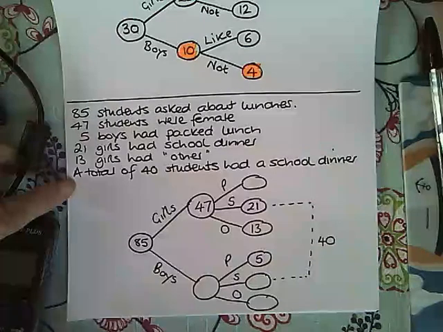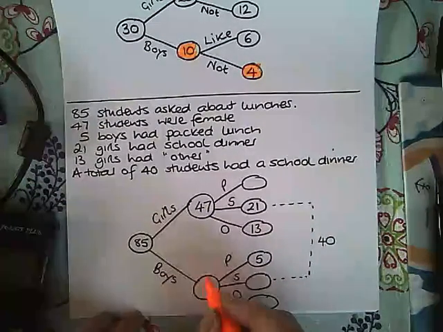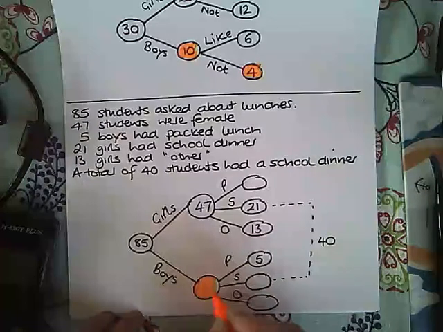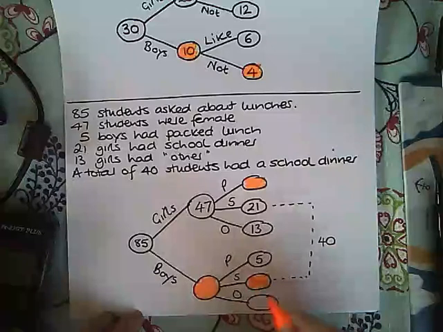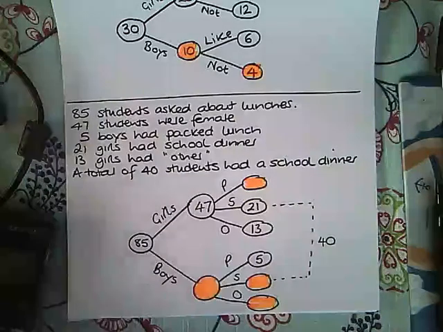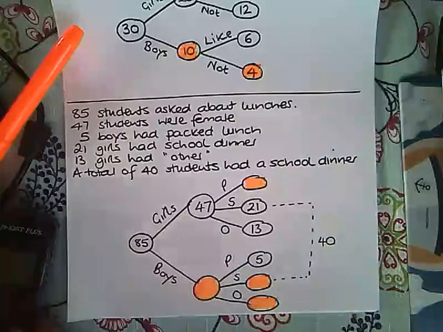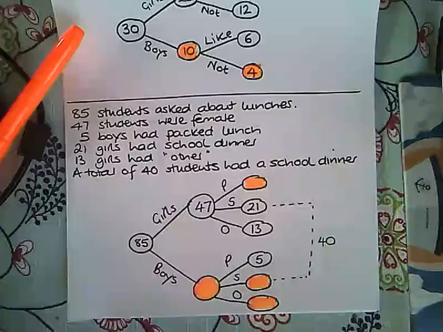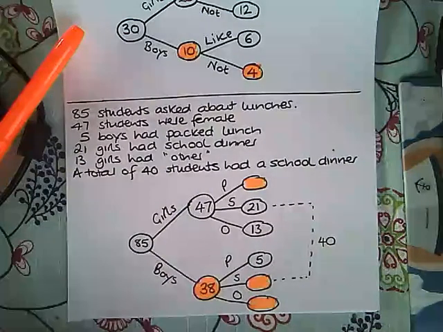Let's go back to the missing information, and again I'll just highlight it so we can see when I filled it in. Packed lunch up here, school and other. Right, first of all then, 85 students, 47 are girls, so I'm going to do 85, take away 47, that leaves me with 38 boys.